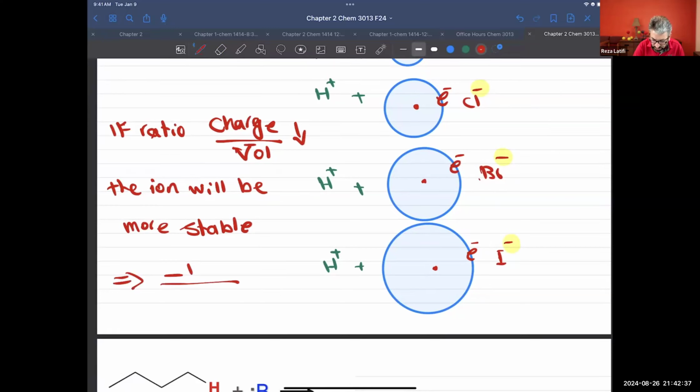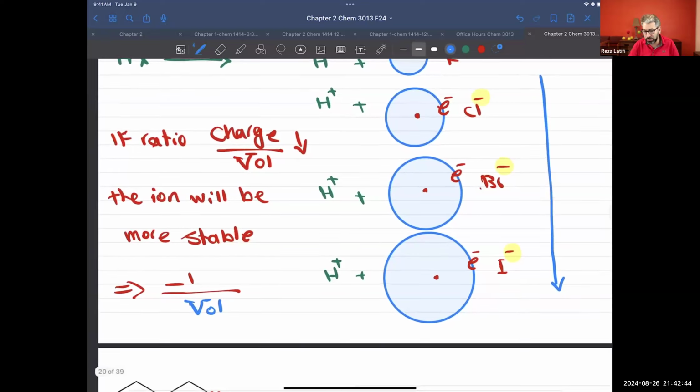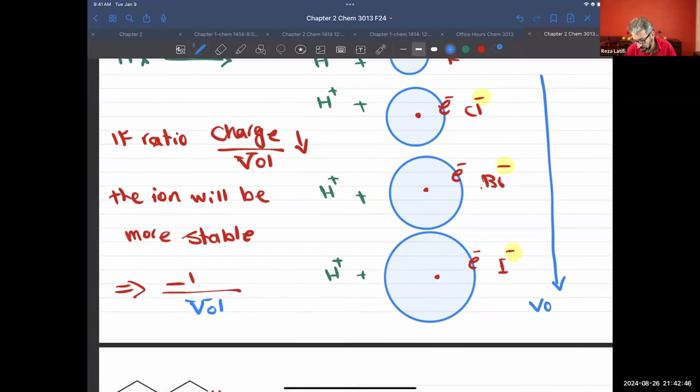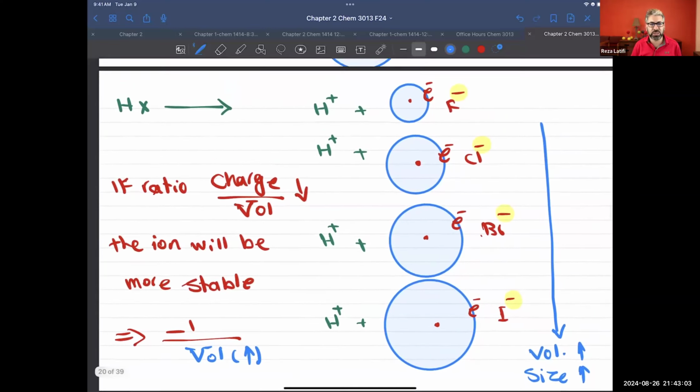The only thing that is changing is the volume. As we go down in any group, volume or size is going up. So what does it mean? It means the denominator is going up. -1 divided by a bigger denominator will give you a smaller ratio. So iodide is more capable of handling the negative charge.